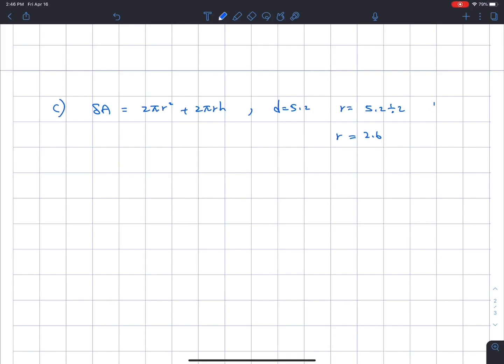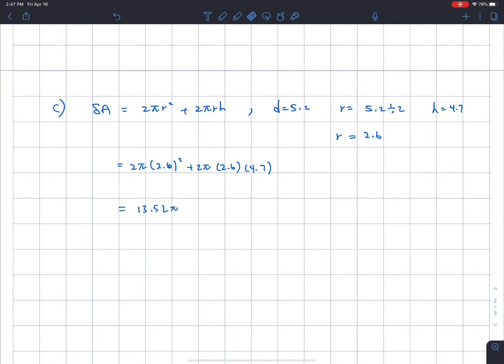And the height is 4.7. The surface area is 2 pi r, r is 2.6, plus 2 pi r again, 2.6 times the height, which is 4.7. I would definitely use the calculator, so 2.6 squared. I would type in 2.6 squared and then times 2. Change into decimals, I get 13.52 pi.